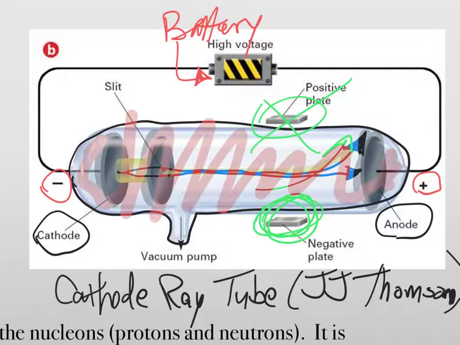He noticed that they didn't make any difference. So he reasoned that whatever was making up these cathode rays, they were some essential component to all atoms of all elements. And he called them corpuscles, little bodies. He didn't know what they were. Later it was determined that they were, in fact, electrons.